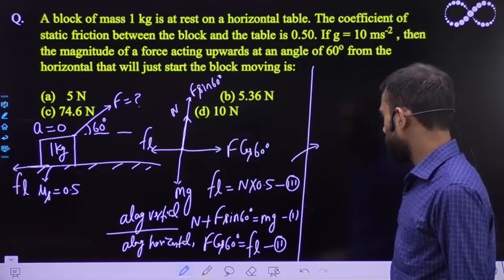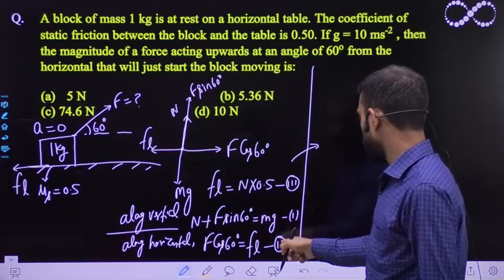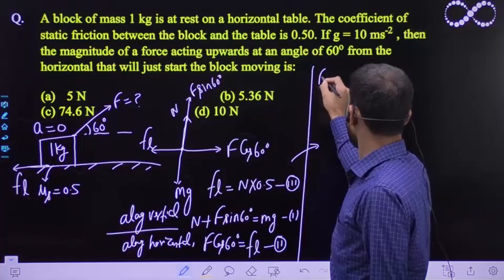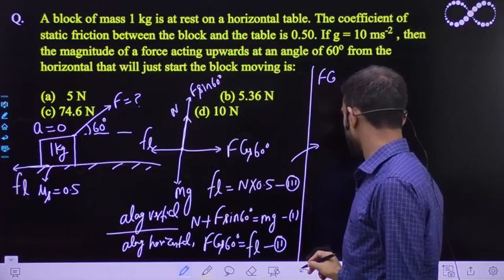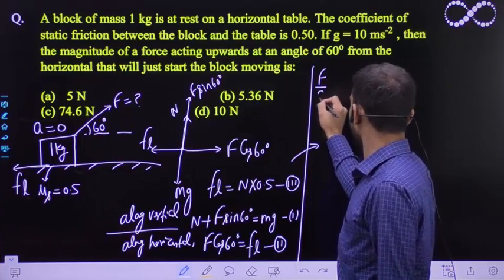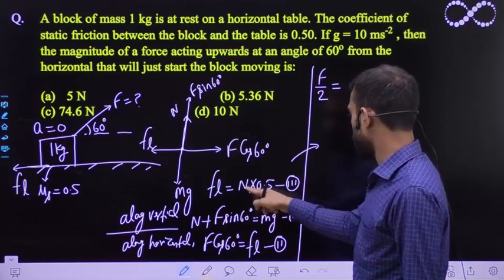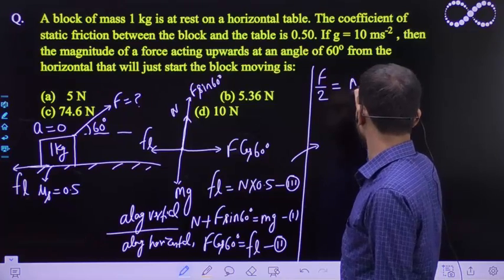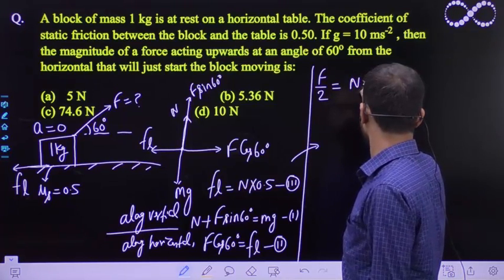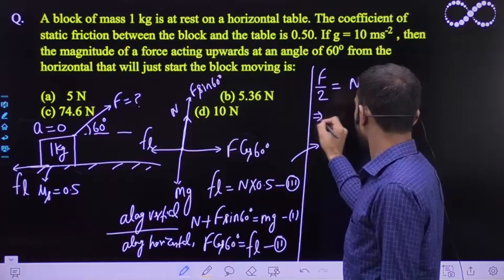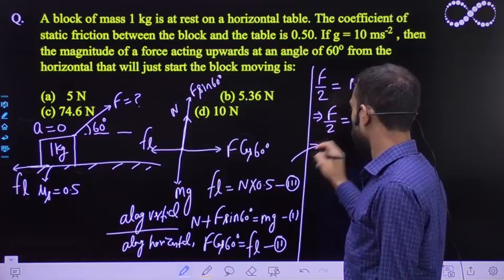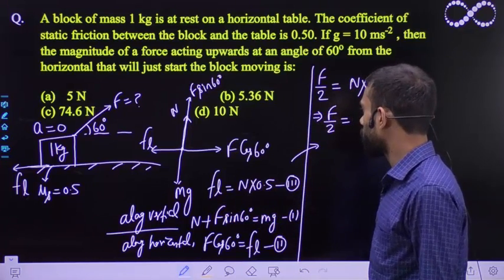So F cos theta, I will put the equation 2 here. F cos 60 is nothing but F upon 2. Equation 2 is equal to FL, and FL is nothing but N into 0.5. Now F upon 2 must be equal to the value of N, which I can take from equation 1.